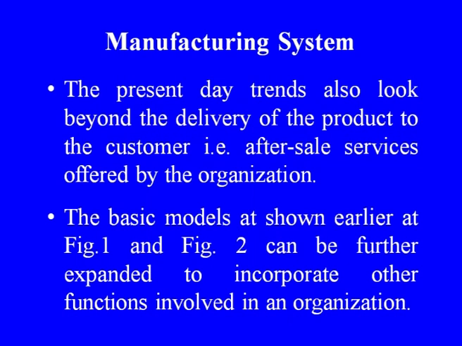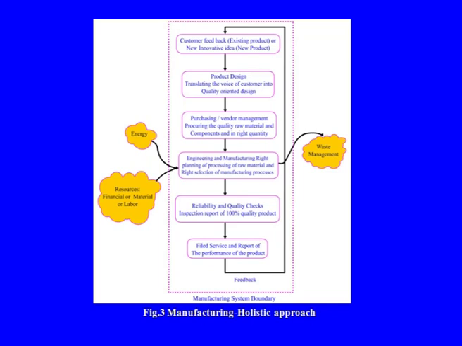The basic models as shown earlier in figure 1 and figure 2 can then be further expanded to incorporate further functions involved in an organization. The holistic approach incorporating all the above aspects is shown in figure 3.